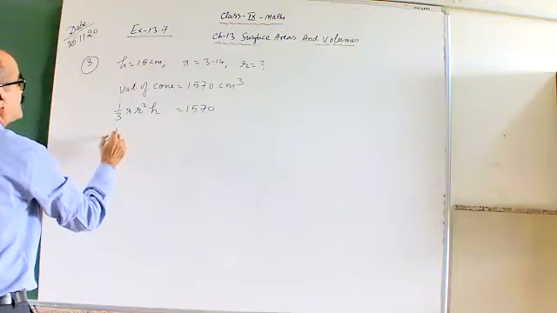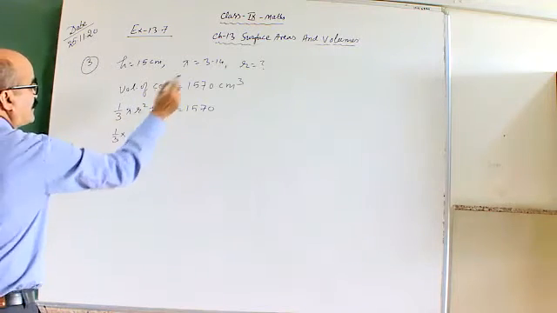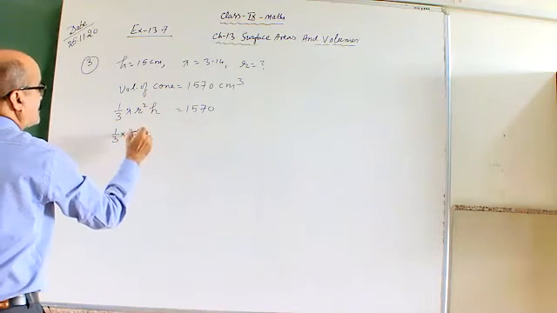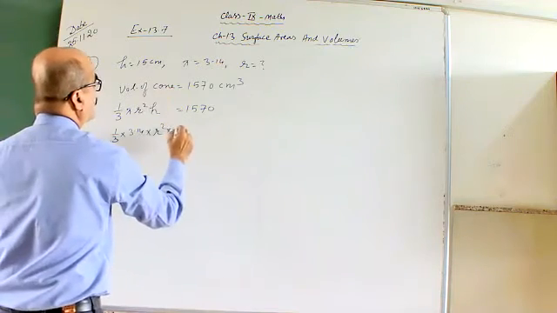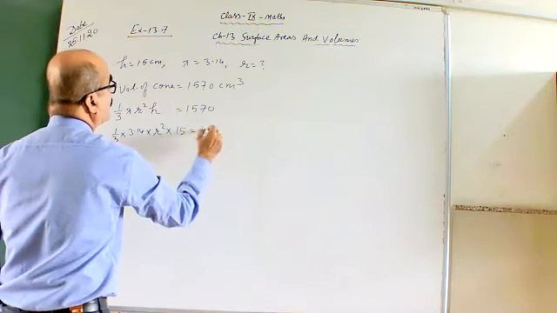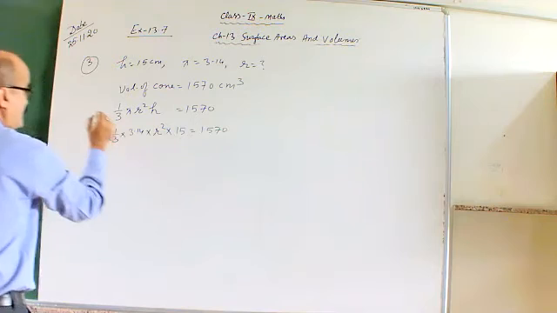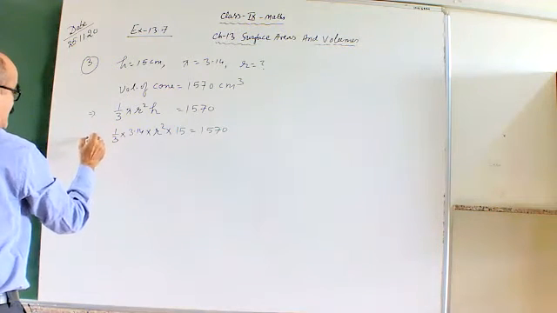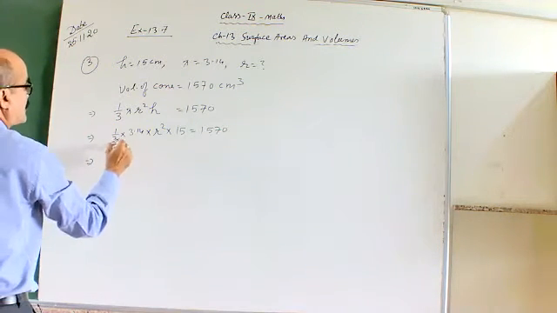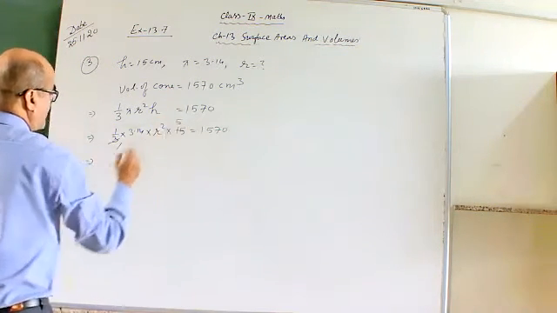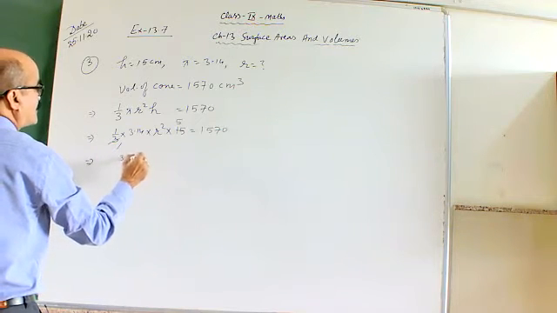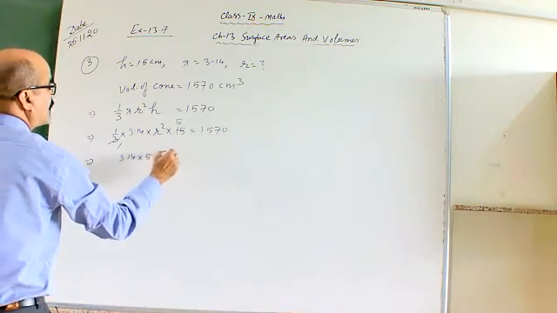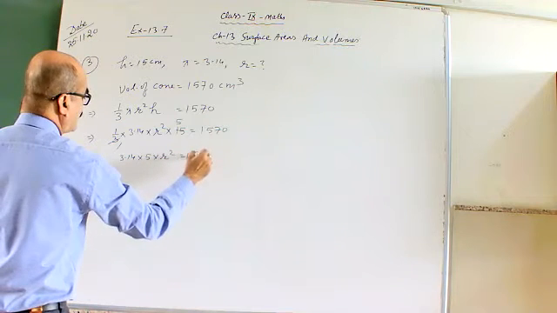So 1 by 3 into the value of pi, 3.14, and we need to find r square, and height is 15, equal to 1570. So 3 ones are 3, 3 fives are 15, so this is equal to 3.14 into 5 into r square is equal to 1570.